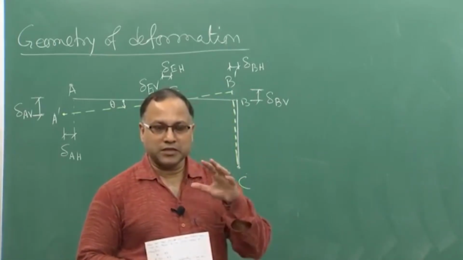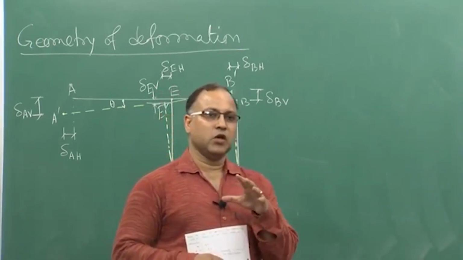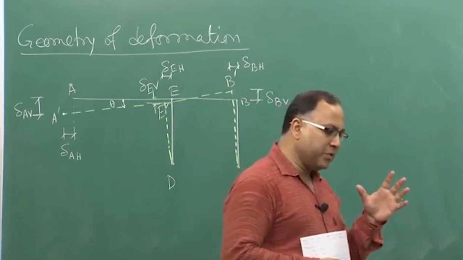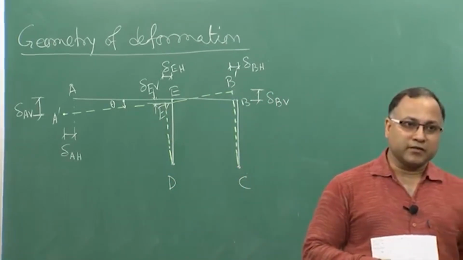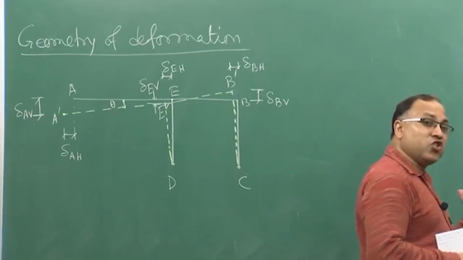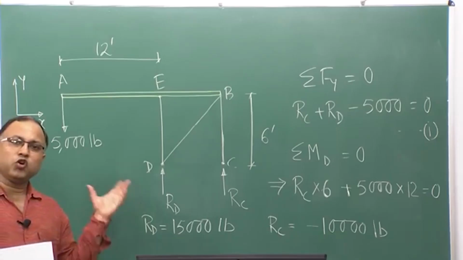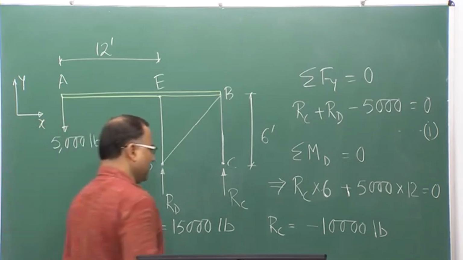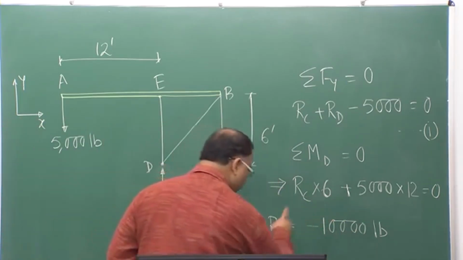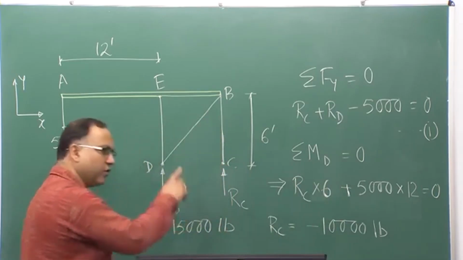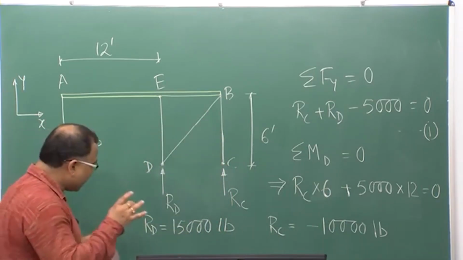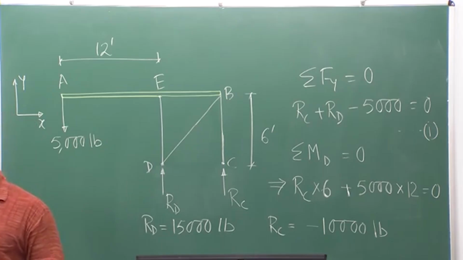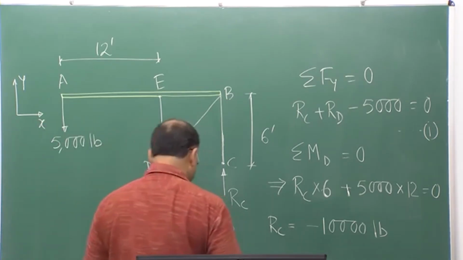I should not have any preconceived notion about the direction of RC and RD; it will automatically come from the calculations. So RC is actually acting vertically downward, whereas the direction of RD is perfectly fine.